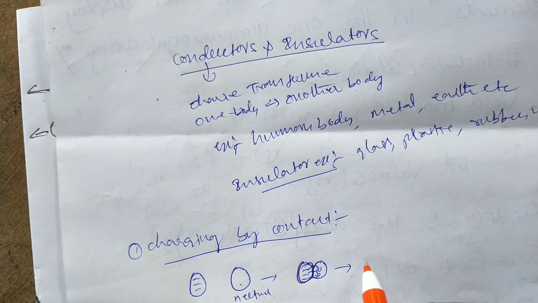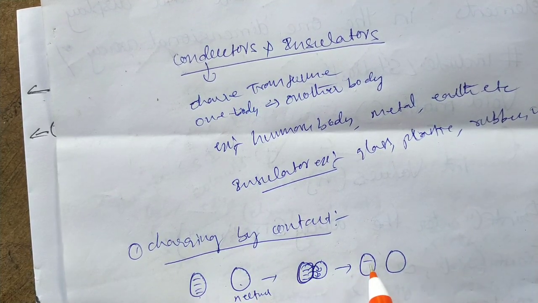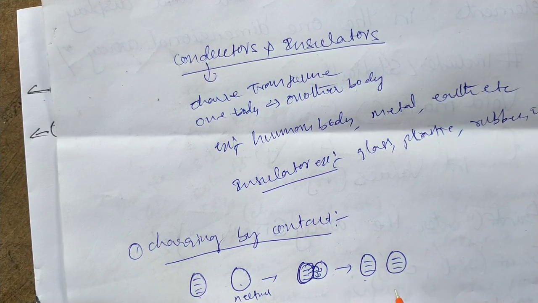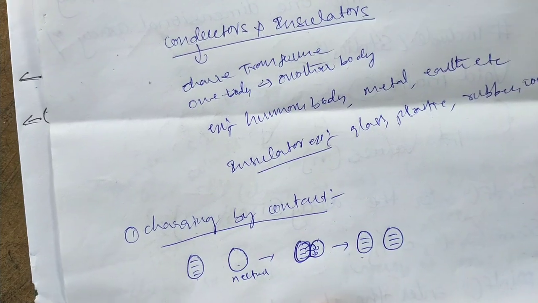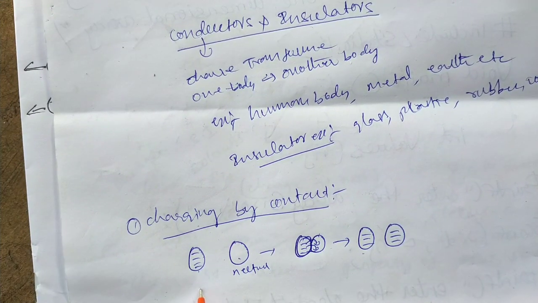Suppose you have 6 electrons, 3 electrons in one body and 3 electrons in another body. That is the separation of the charge carriers. Suppose one body has charge q and another body has charge q equal to 0.